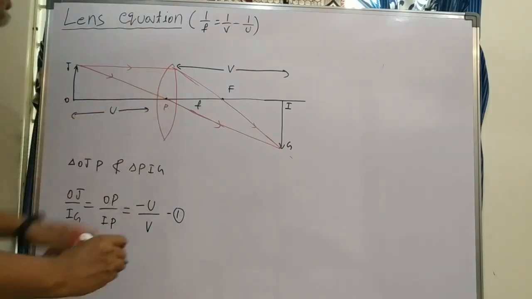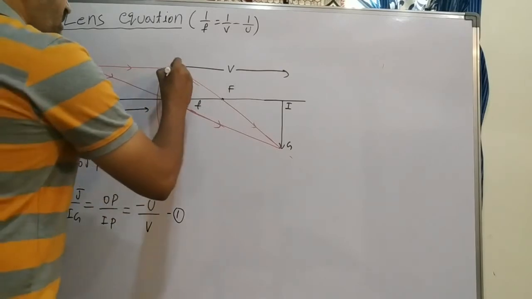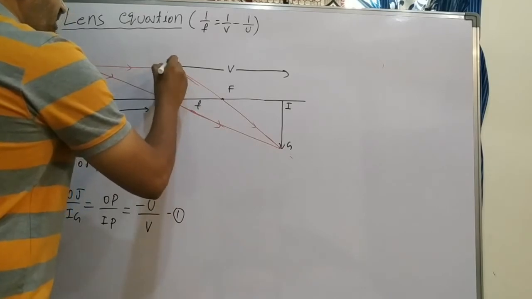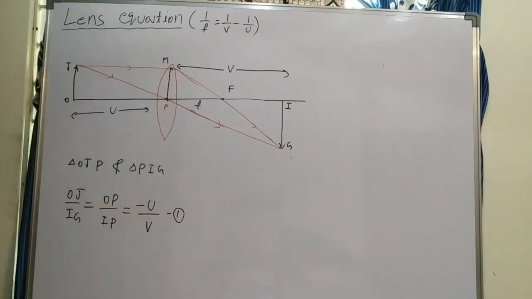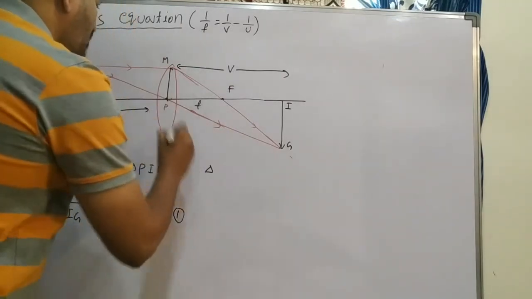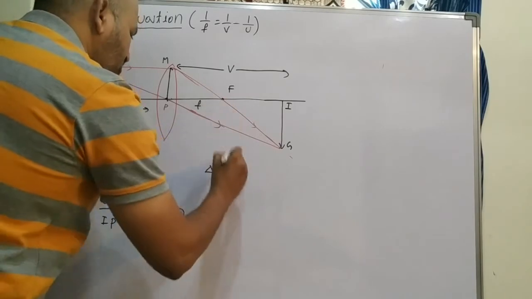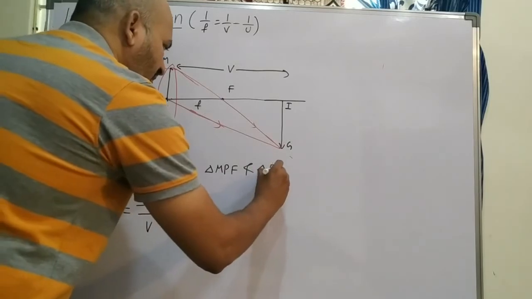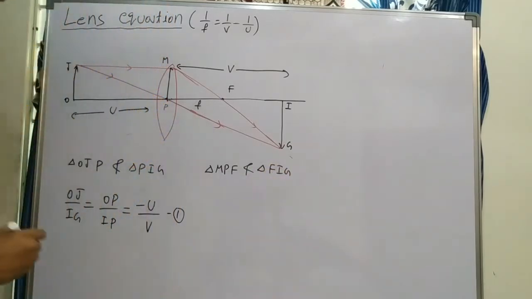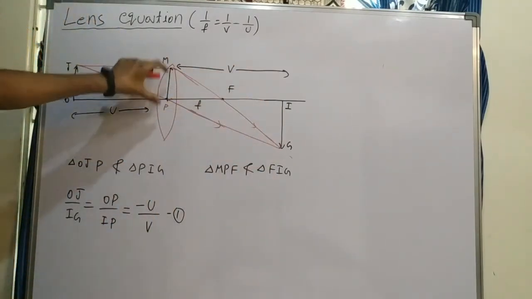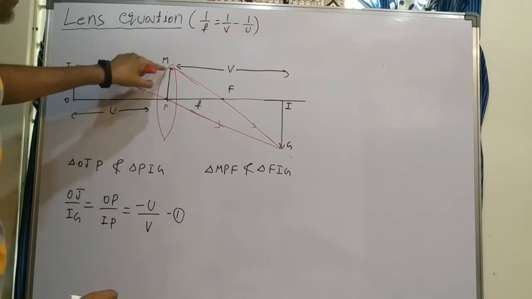Now use this triangle. You can draw a foot of the perpendicular here, and name it M, a point on the lens. Using these two small triangles, according to triangle MPF and triangle FIG, here also opposite by opposite.